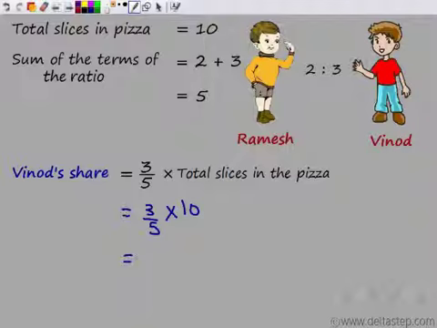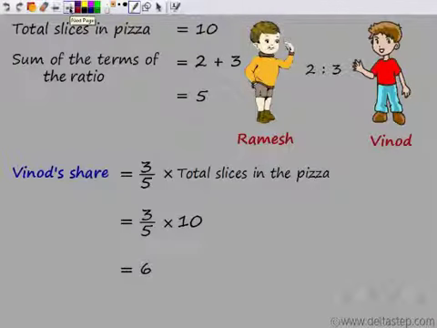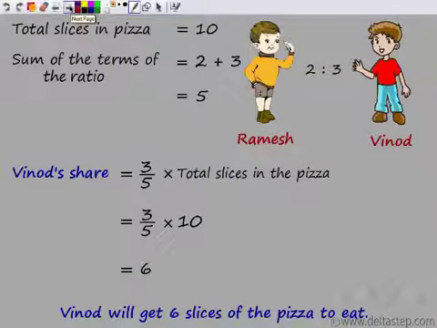This gives us 3 by 5 times 10, which is equal to 6. So Vinod would get 6 slices of the 10 from the pizza. So this is how you can use ratio to find the share of Vinod.